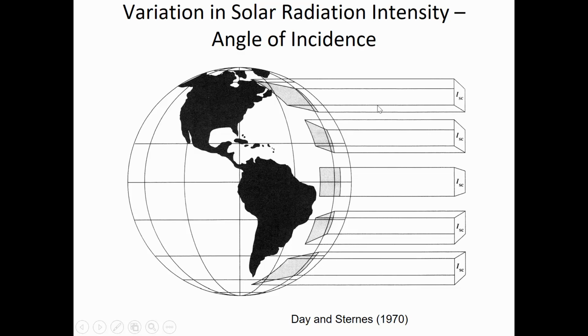And so the shadow that that square meter casts on a curved surface like the globe, at the northern and southern latitudes, those shadows are very large, which means that the solar radiation is spread out over a wide area compared to the equator. And so the angle of incidence has an effect on how intense the sun is.